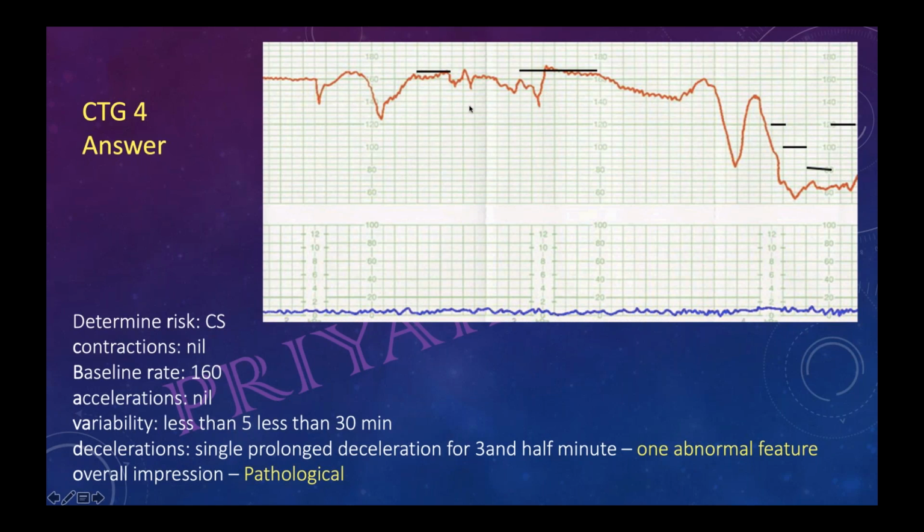Variability is reduced, but for less than 30 minutes, so we will not comment. But a single prolonged deceleration is there for 3.5 minutes, so it is an abnormal feature. In your exam part 2, if they give a trace and ask for features, you will say one abnormal feature. But if they ask what is the category, your answer will be pathological.